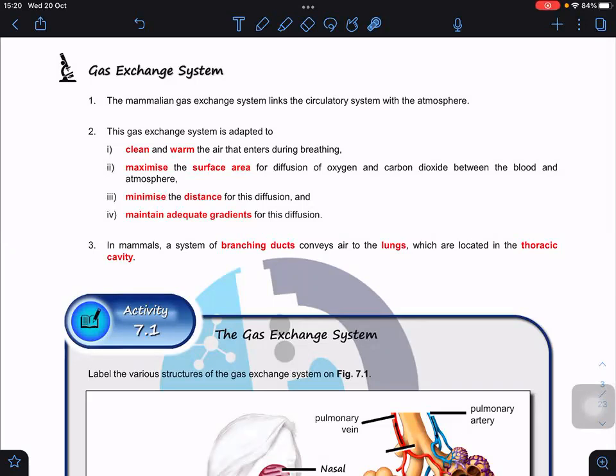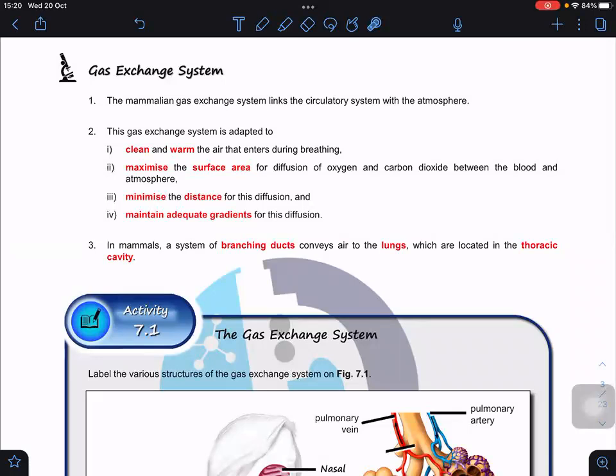So there is a difference in temperature, and we need to equilibrate the temperature first. Are you clear? And higher temperature means that the rate of diffusion will be higher. Still remember, we learned in chapter 2 when I talked about the diffusion of gases across the gas exchange surface, because diffusion actually depends on the temperature, the kinetic energy. So that's why first we need to cleanse and warm the air.